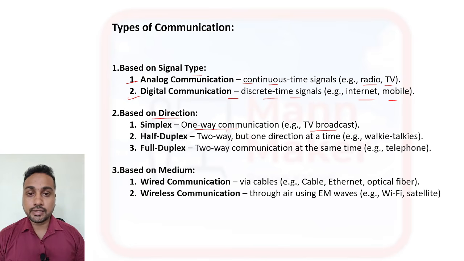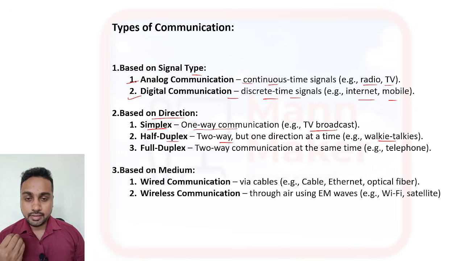You will only transmit the signal. So this is called simplex. Now we have half duplex. Half duplex means two-way communication, but one direction at a time. We can transmit and we can also receive, but not at the same time. Like we have a walkie-talkie.